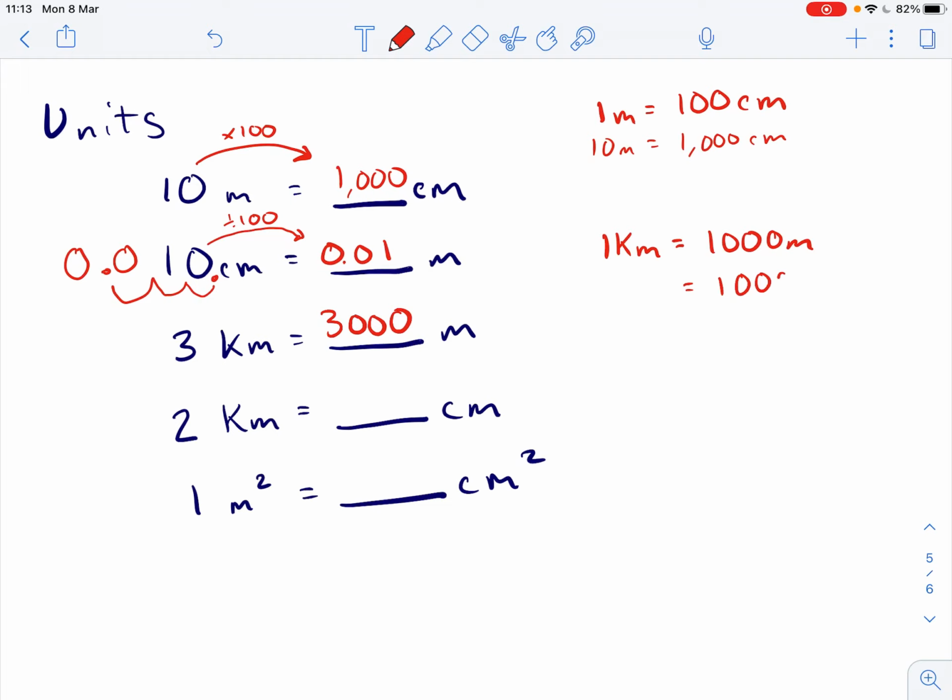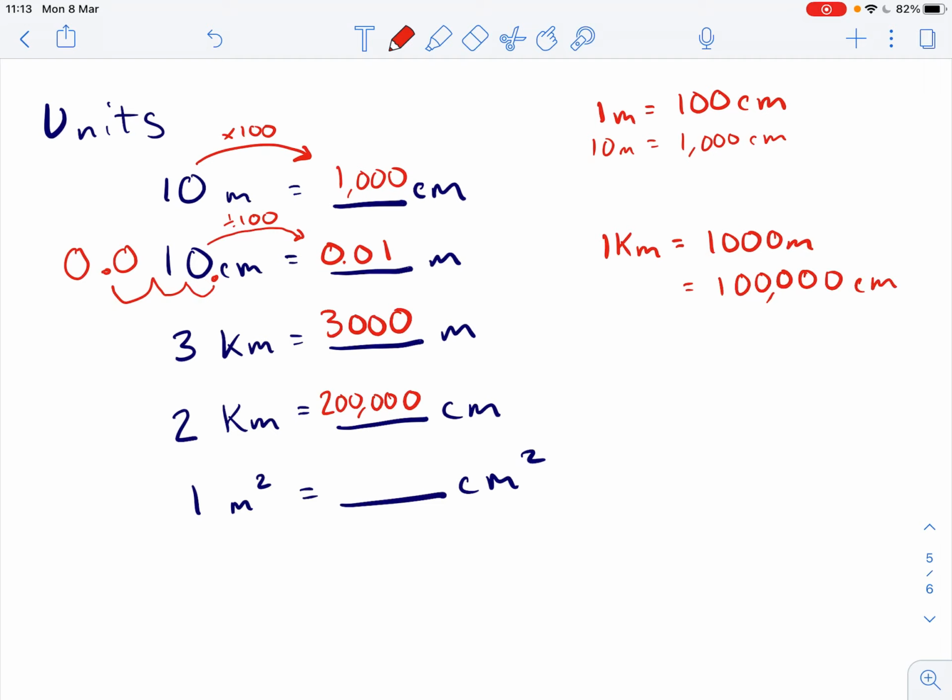So this is going to be 100 and then another 2 zeros afterwards, 100,000 centimeters. So 2 kilometers is going to equal 200,000 centimeters.